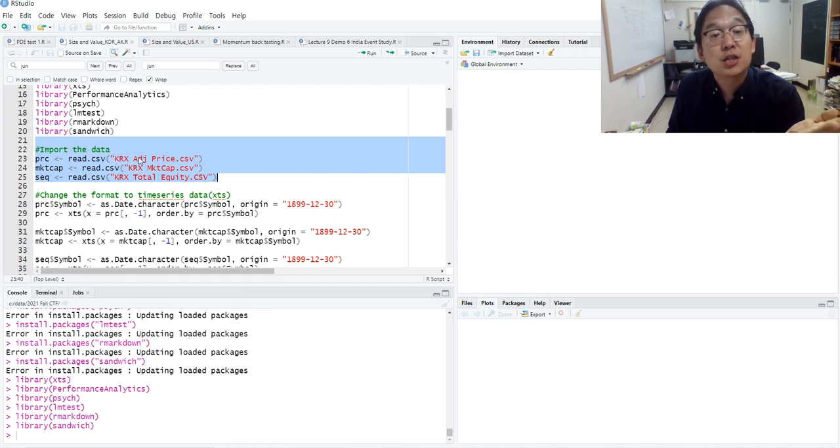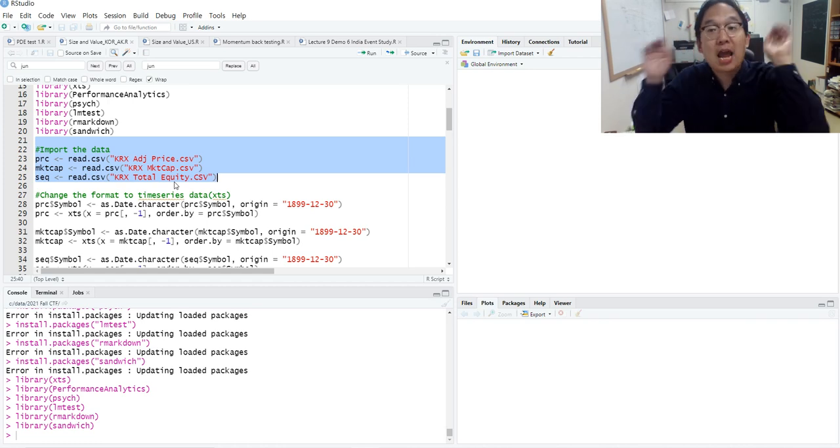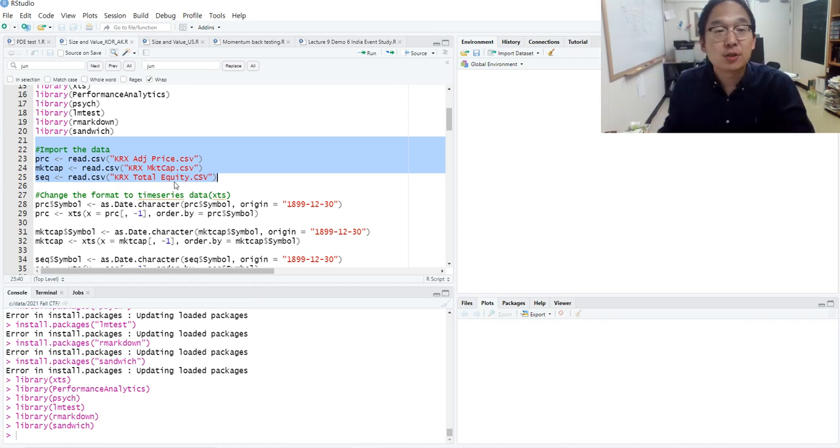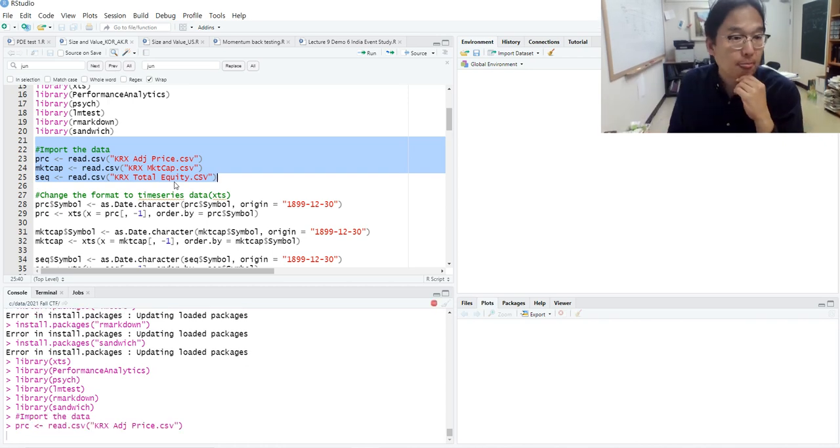Korea Stock Exchange Adjusted Stock Price, CSV, Korean Stock Exchange Market Cap Data, CSV format, and then Korean Stock Exchange Total Equity. This is book value of equity. Again, this is accounting numbers. Every year, yearly frequency, whereas those guys are daily frequency. So let's import it.